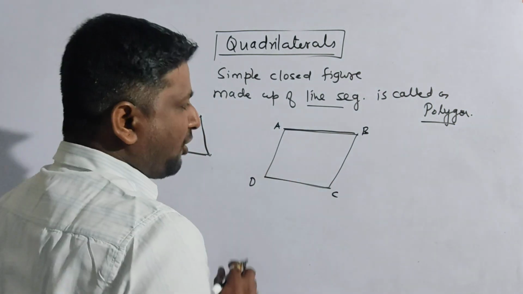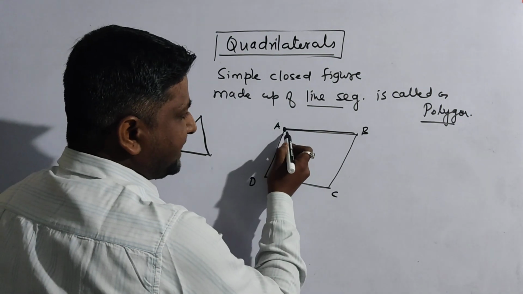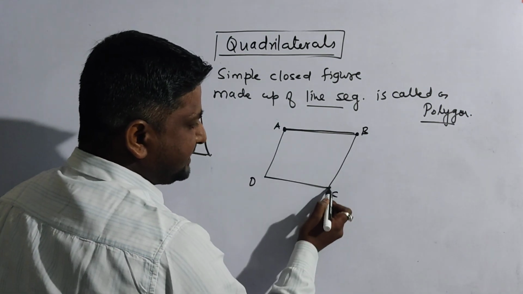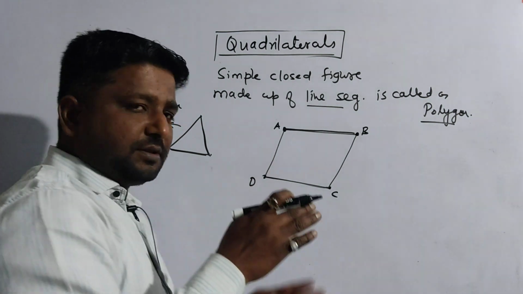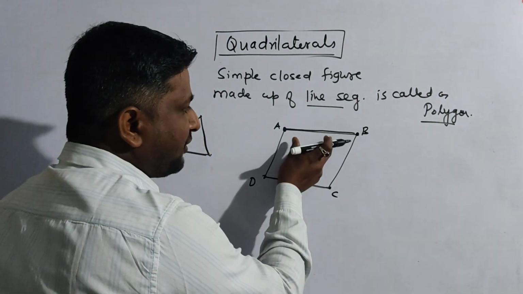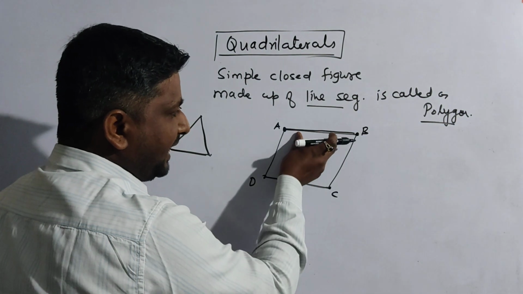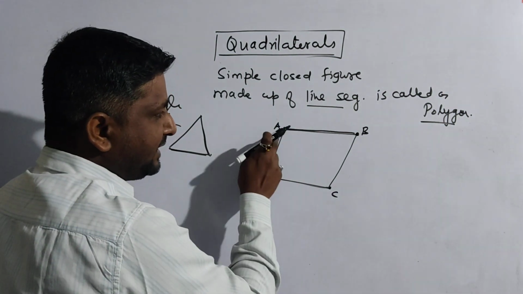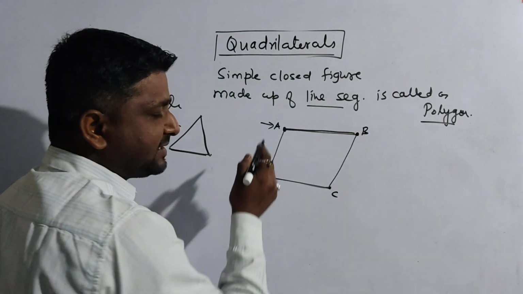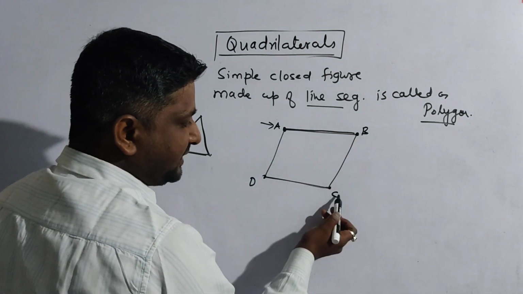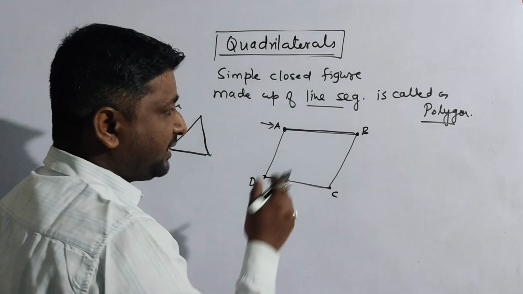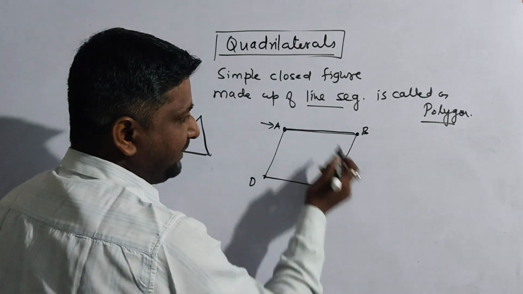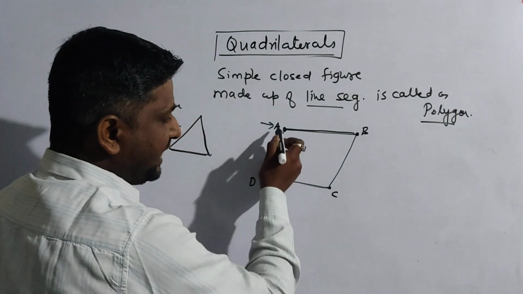Now let's look at the components. It has 4 vertices A, B, C and D, right? What is a vertex? The point of intersection of 2 sides. AB and AD are intersecting at point A, so this is called the vertex. B is a vertex, C is a vertex and D is a vertex. So it has 4 vertices and 4 sides, AB, BC, CD and AD.